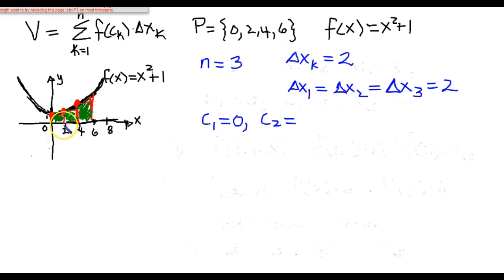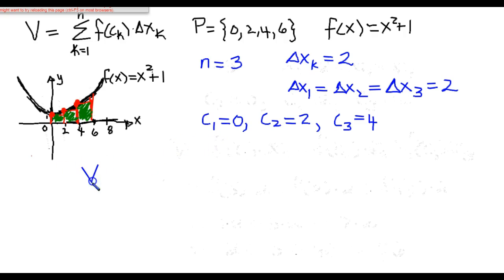That's the second left endpoint. That gives us c sub 2 is equal to 2. C sub 3, which would be our last left endpoint that touches the curve, is going to be where x is equal to 4, so c sub 3 is equal to 4. We now have the tools so that we can evaluate the Riemann sum.